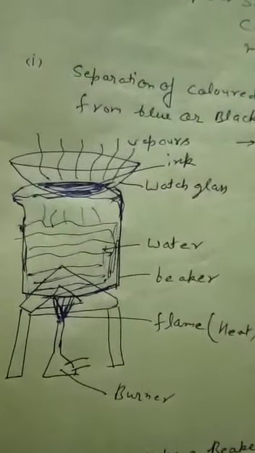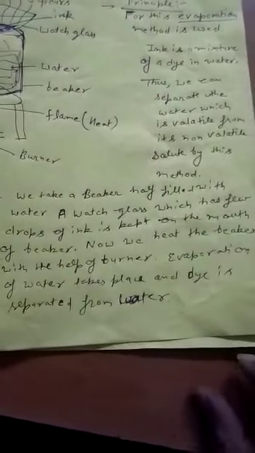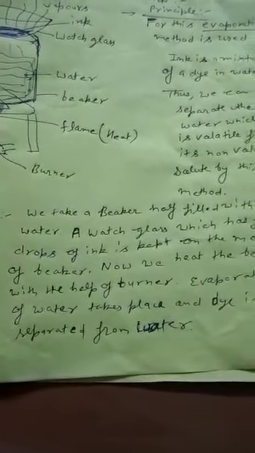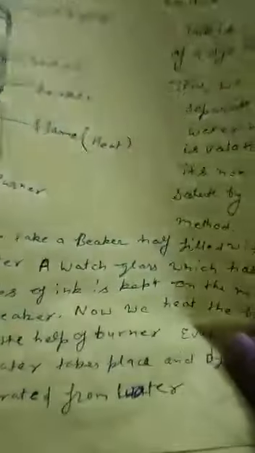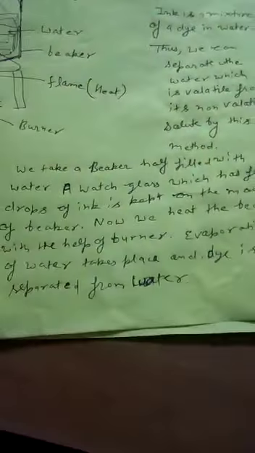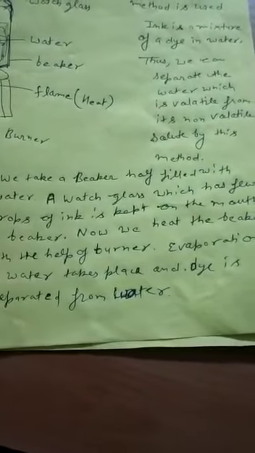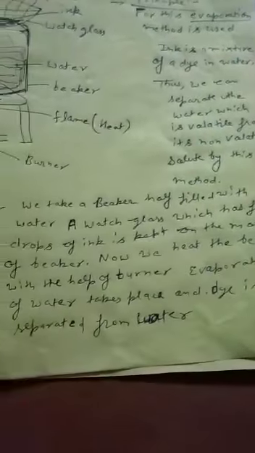So in this method you can see there is a diagram. We take a beaker half filled with water and a watch glass which has a few drops of ink, and it is kept on the mouth of the beaker.